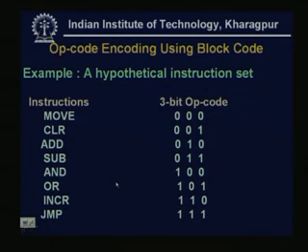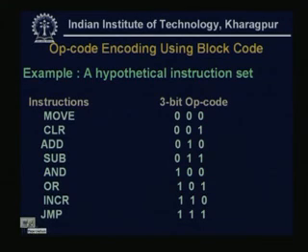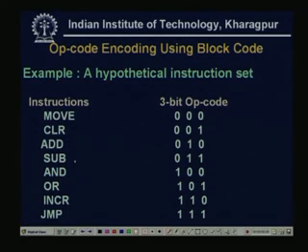Now, if I want to design the instruction set, I need some binary value to be assigned for each instruction. So, I have 8 instructions: move, clear, add, sub, and, or, increment and jump.